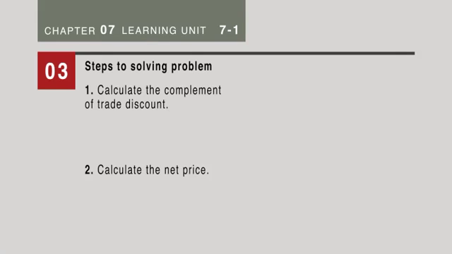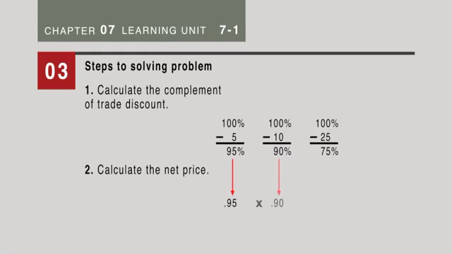Number 1. To calculate the complement, we take each chain discount from 100%, giving us 95, 90, and 75. We convert that to decimal, 0.95 times 0.90 times 0.75. That gives us a net price equivalent rate of 0.64125. Stop right there. What does that really mean?